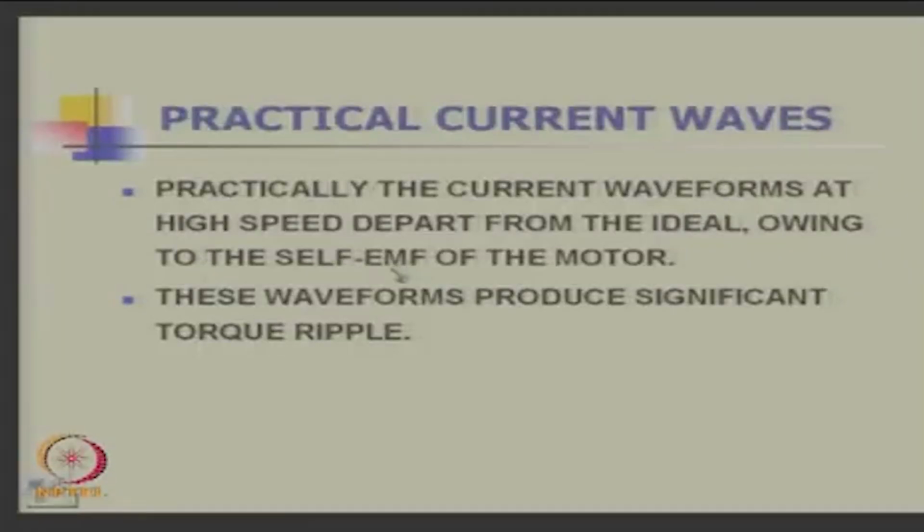Therefore there will be self EMFs in the motor. Since the currents are all pulsed currents, not constant rectangular current, there will be ripples in the torque, because your i squared is not fixed; it will be changing with time, okay.